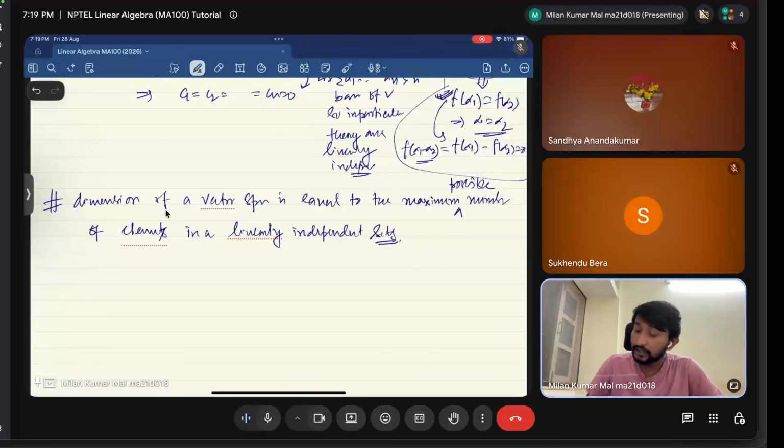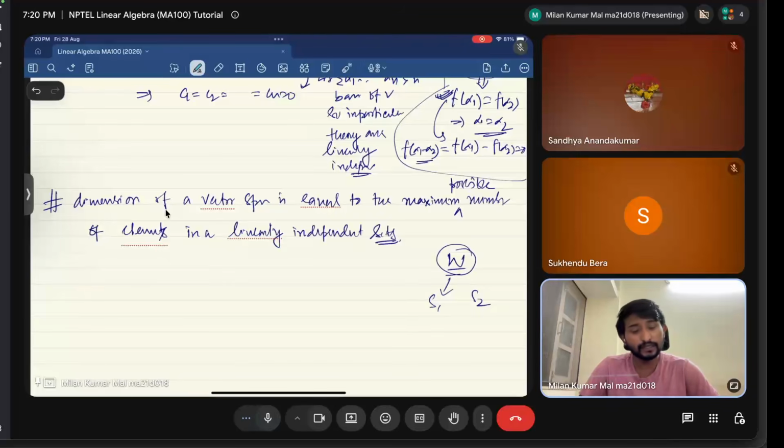The sets which contain the maximum number of linearly independent vectors will be a basis, and the number of elements of that set is called the dimension of the vector space V. In fact, suppose you have a vector space W and you take two sets S1, S2, and you know that whatever subset you choose from W, the maximum number of linearly independent vectors possible is n.